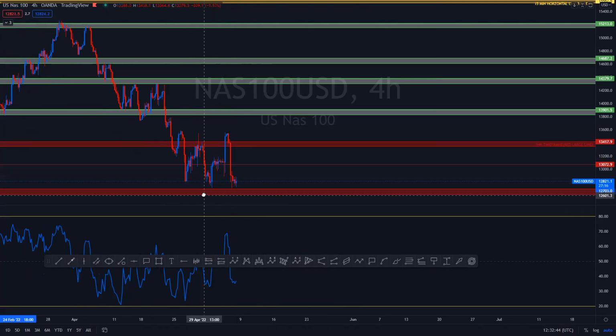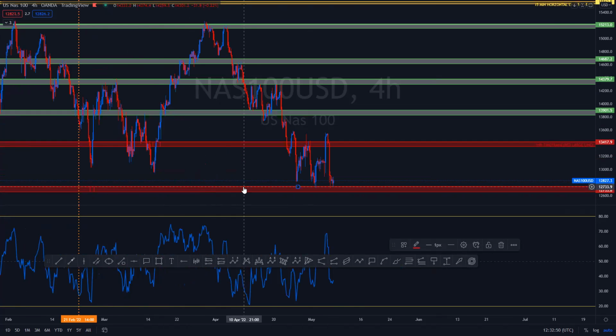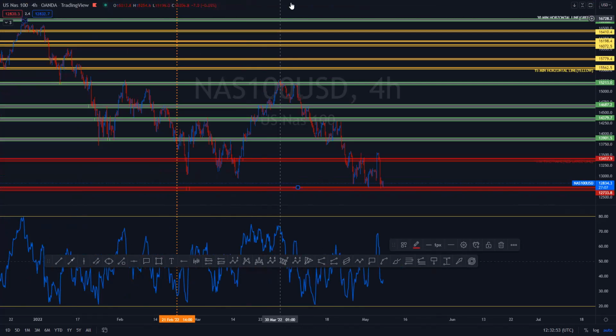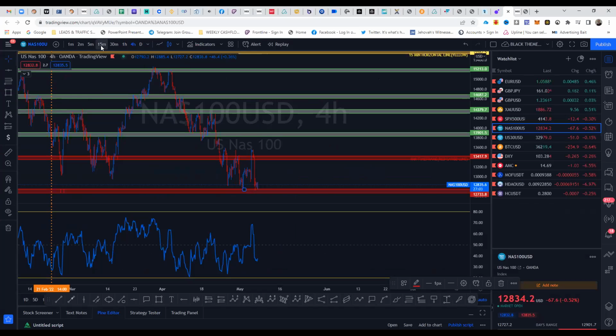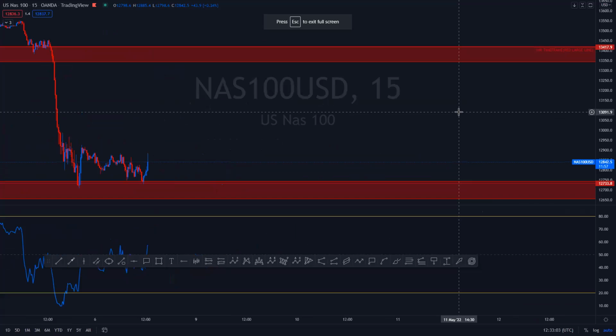Maybe move the zone down here. Might do that. All right, so now we're going to go back to the 15-minute where current price is, and then we're going to move on to the next step. That's where we are here.